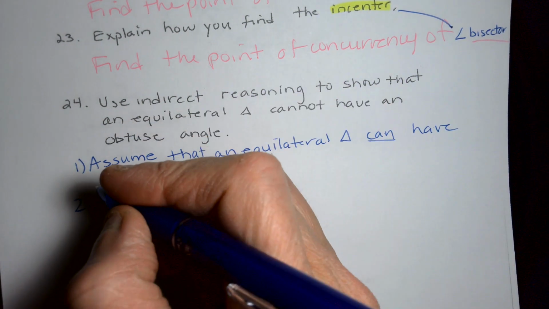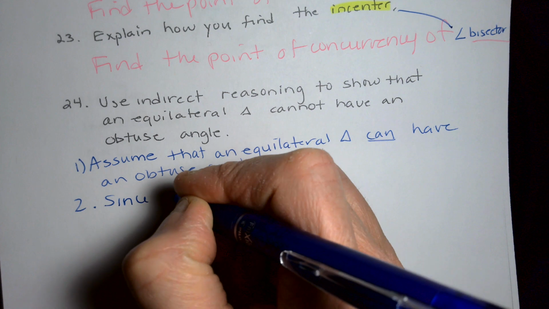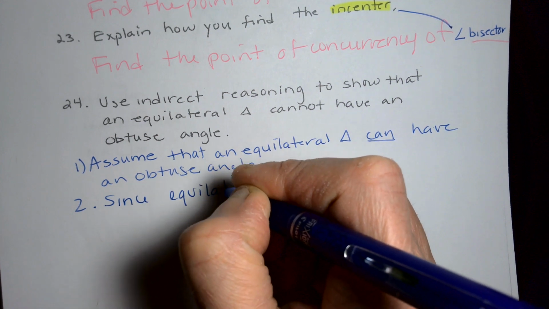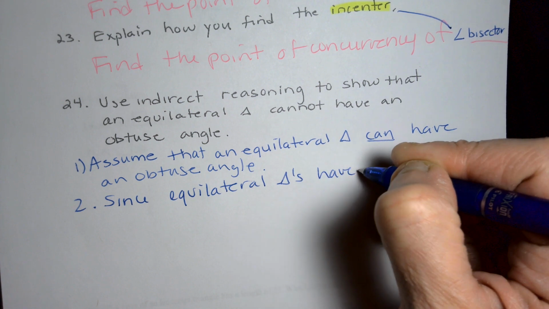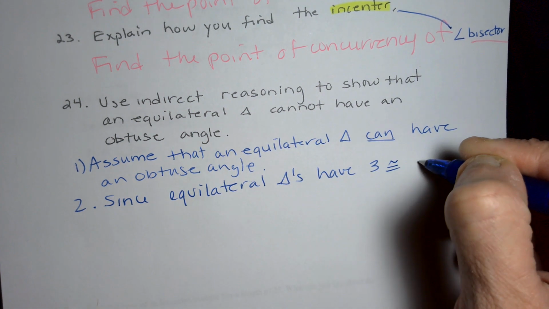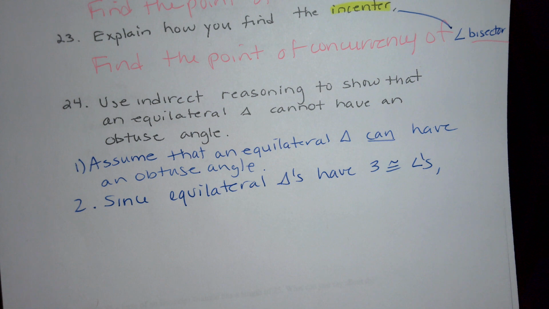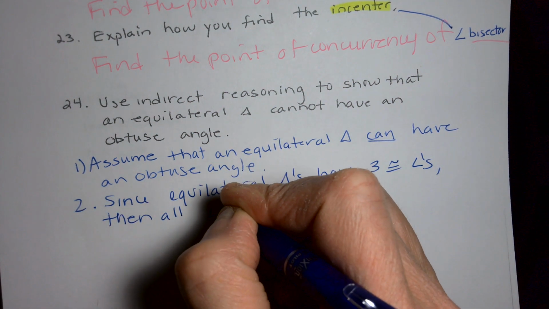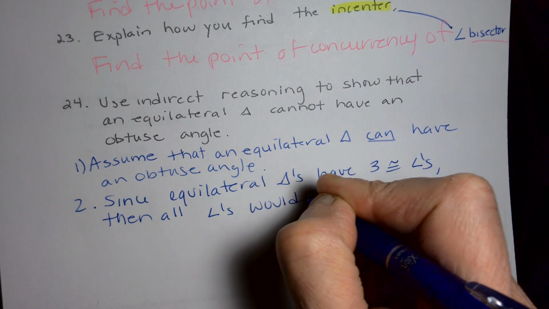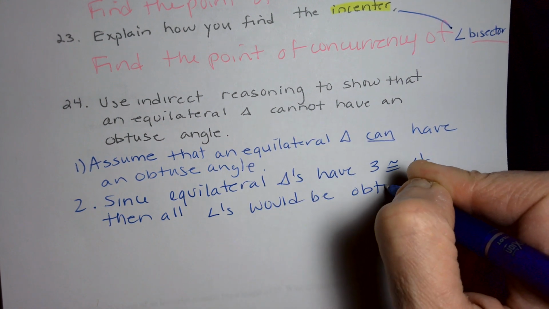Well then, since equilateral triangles have 3 congruent angles, then all angles would be obtuse.